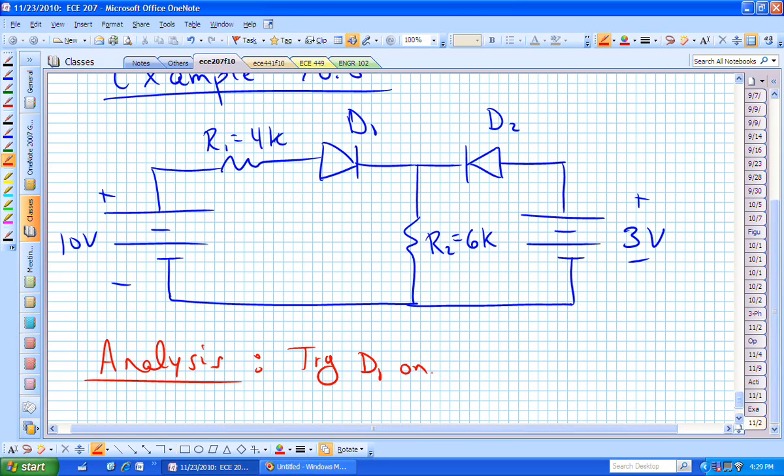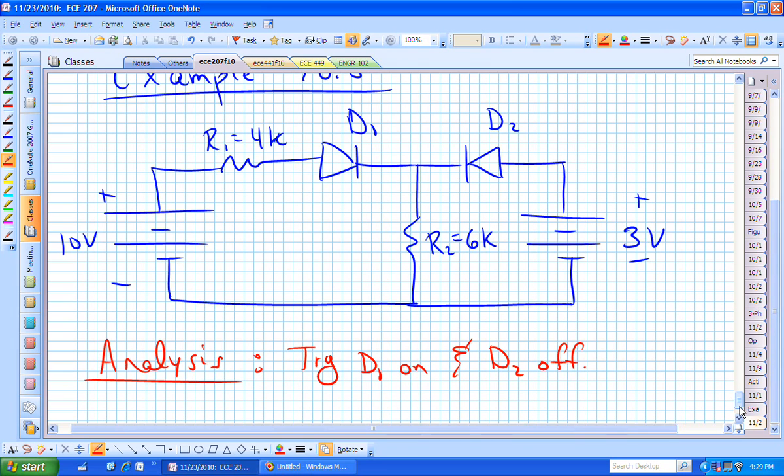So what's D2? It looks like it would be reverse biased if I have a higher potential on the left than on the right. For that diode to be forward biased, I would want a higher potential on the right than on the left. So let me try D1 on and D sub 2 off. This is one of 4 possibilities.